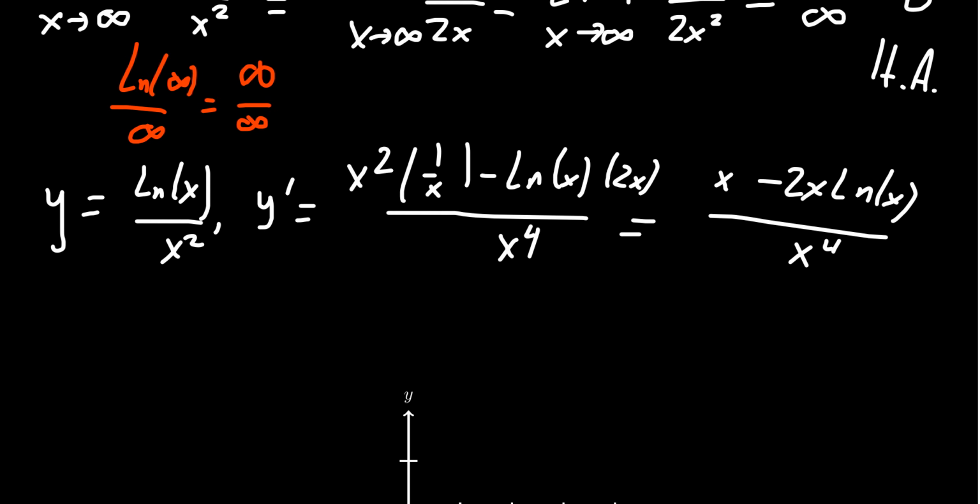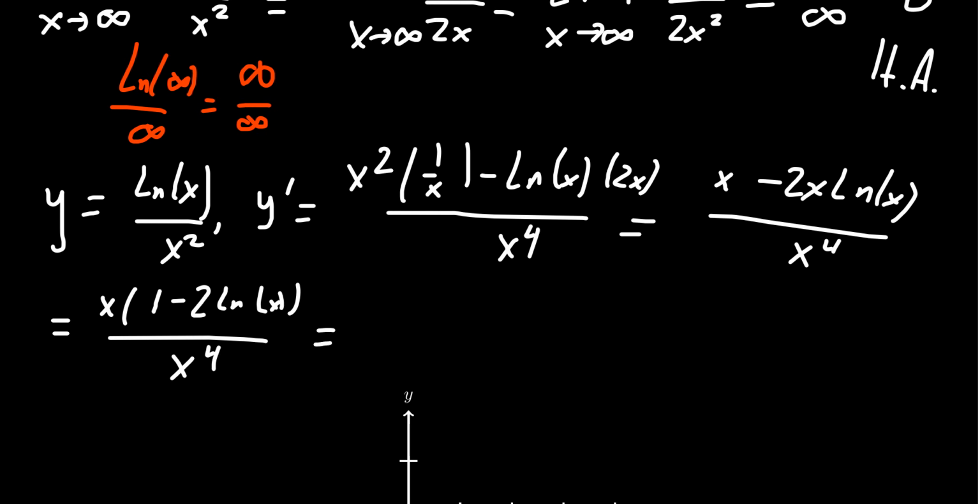You can factor out the x that's in the top, and that leaves behind 1 minus 2 natural log of x over x to the 4th, for which we can cancel the x on top with one of the x's on the bottom. And so we get 1 minus 2 natural log of x over x cubed.